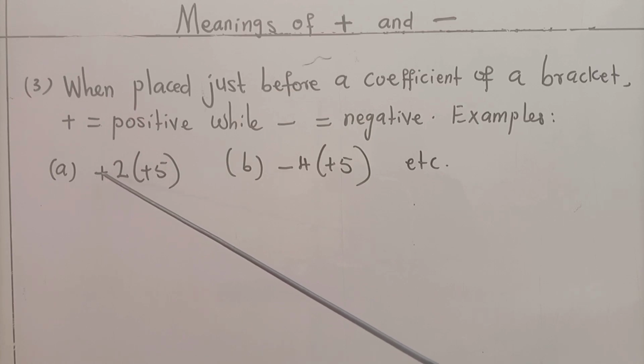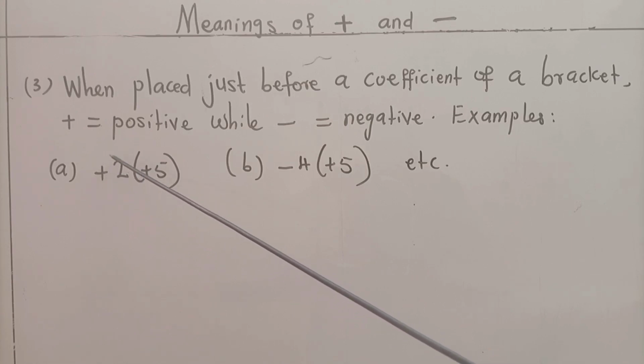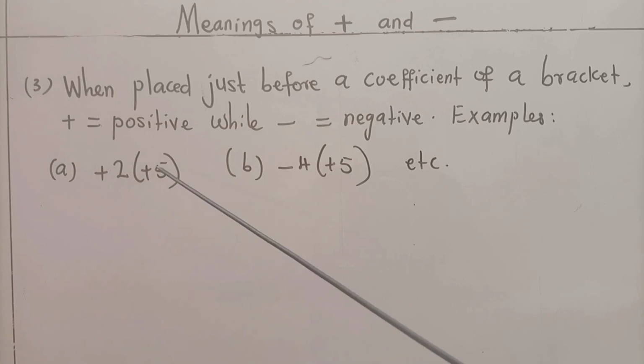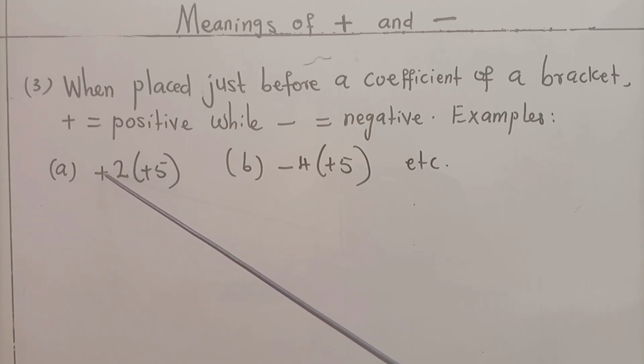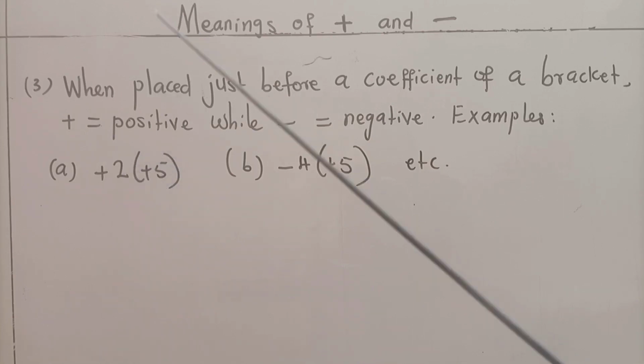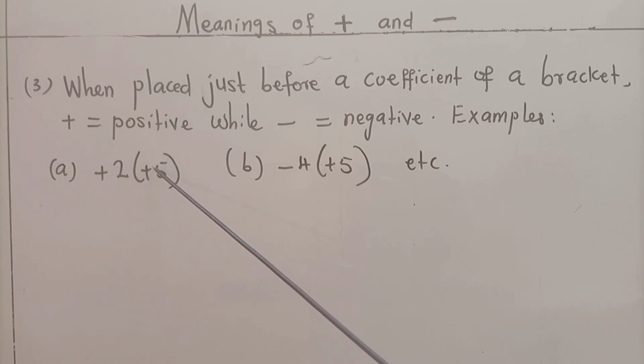This first one says plus 2 bracket plus 5 in bracket. Earlier, we saw this plus placed just before this bracket to mean positive. What about now? Does it still mean positive? The answer is yes. It still means positive because this plus is placed just before a coefficient. This bracket is a number, and this 2 tells us how many times that number will be repeated.